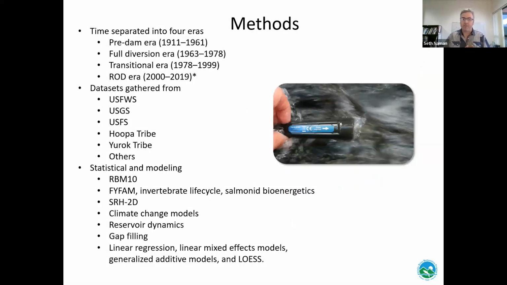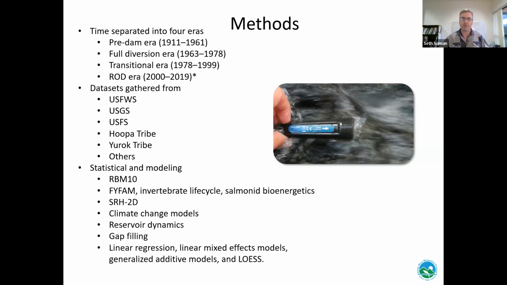In terms of the methods, we separated time going back to 1911. That's when the gauge at Lewiston was first installed. We separated the time periods into the four periods you see here. Trinity Dam was built in 1963, so that's when full diversions to the Central Valley started.